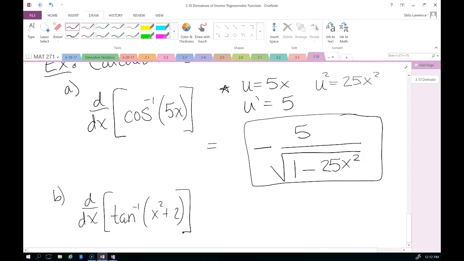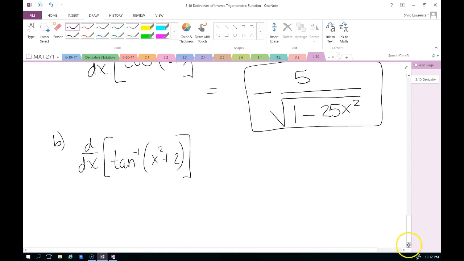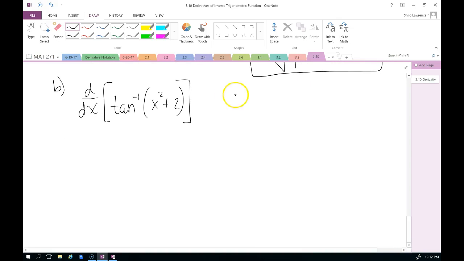Next, the derivative for tan inverse of x squared plus 2. In this case, u is x squared plus 2, and u prime is 2x. For u squared, I'm not going to FOIL that out. U is a binomial, so when it comes time to do u squared, I'm just going to put it in parentheses with the squared around it.